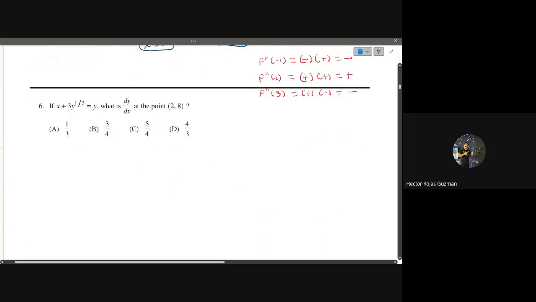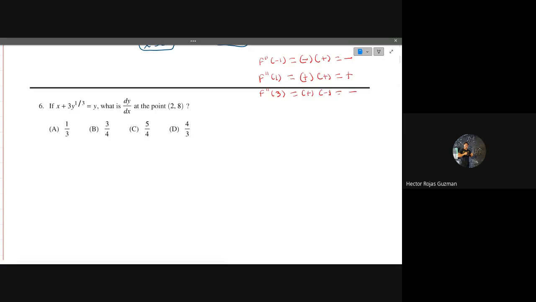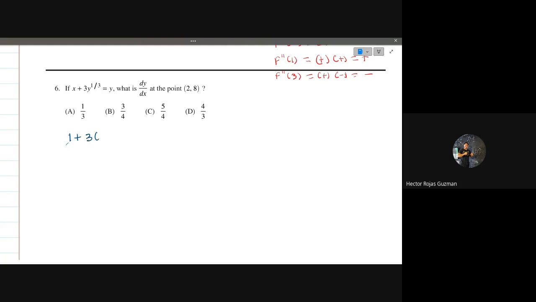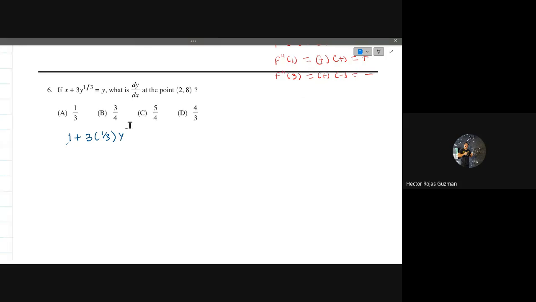Okay. Find the derivative at the point (2, 8). All right, so the derivative here is 1 plus 3 times 1/3 y. Subtract 1 from the exponent, which is now negative 2/3. But because we're doing the derivative with respect to x, that means we have to do the chain rule and find the derivative of y.